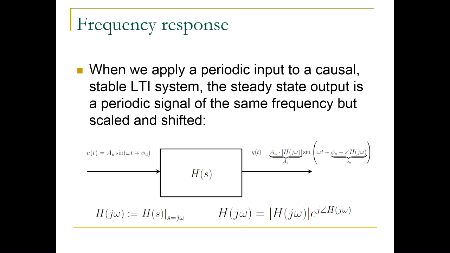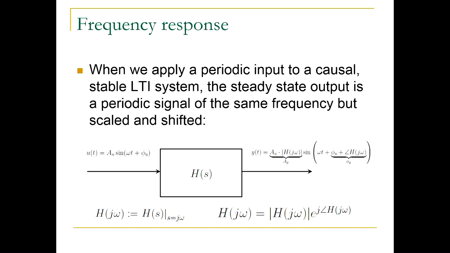So the amplitude of the output signal in steady state is scaled by the amplitude of this transfer function at that frequency, and also the phase of the output signal will be shifted by the phase of H at frequency omega, where what I'm using here, H evaluated at j omega, is basically H of s when I replace s by j omega, right?